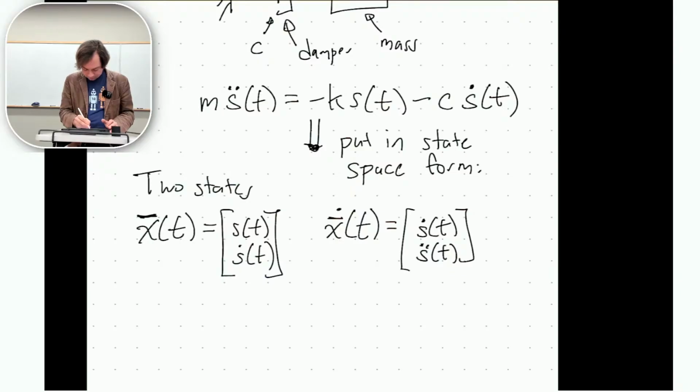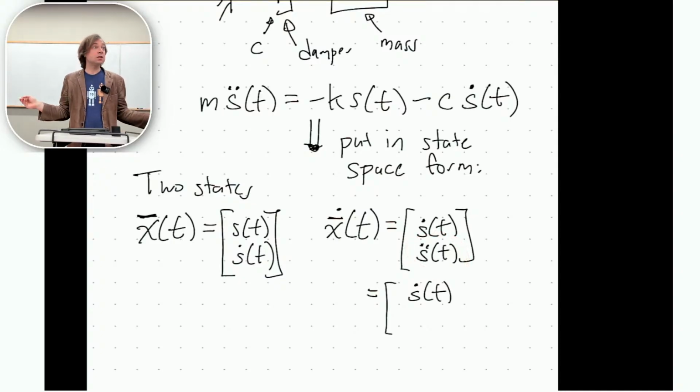So the derivative of s of t is s dot of t. The derivative of s dot of t is s double dot of t. Okay? And we want to write that in terms of our states. So s dot of t, in terms of our states, is easy. S dot of t is a state. So it is s dot of t. And s double dot of t, as we just said very loudly, is not a state.